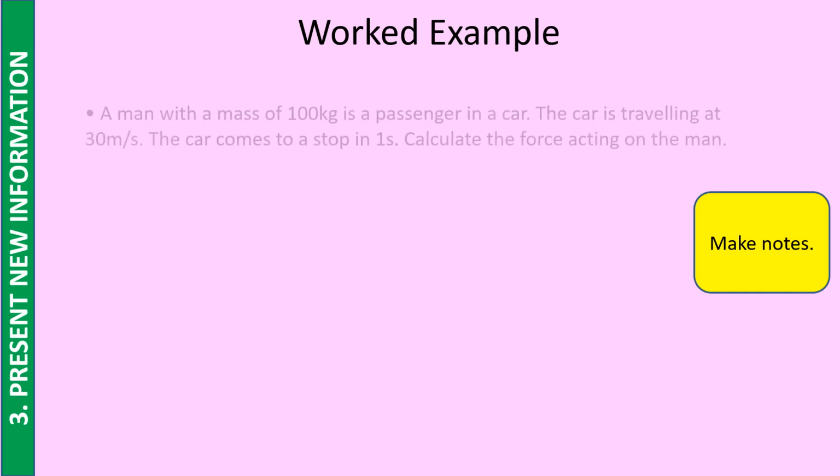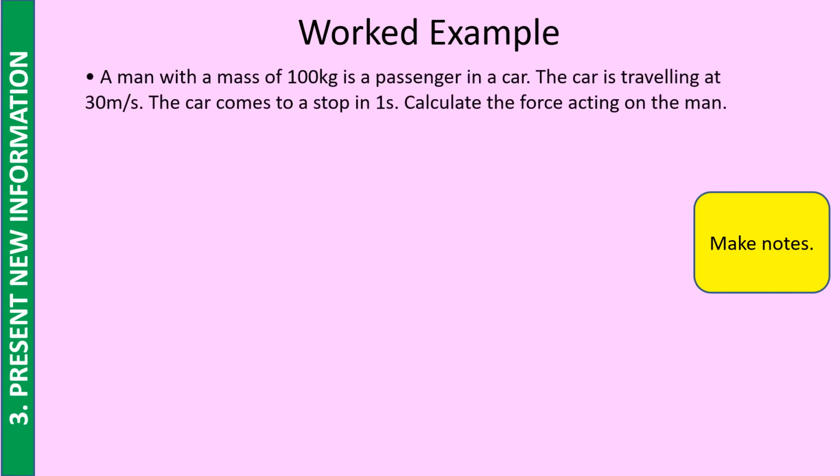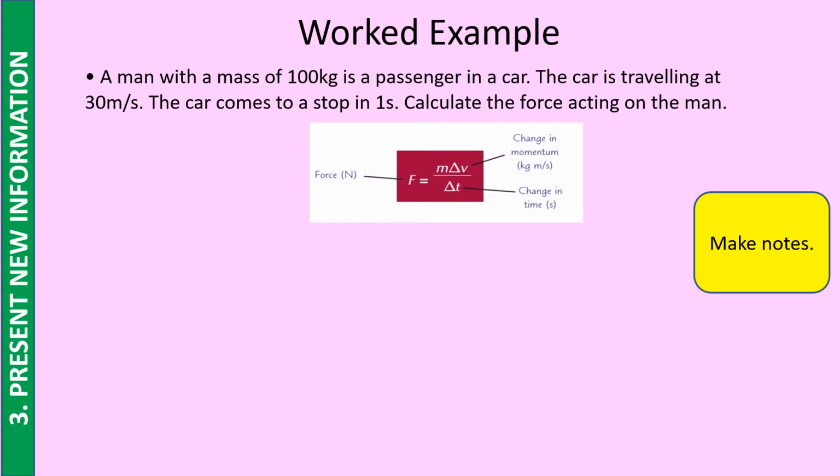So let's have a look at a worked example. A man with a mass of 100 kilograms is a passenger in a car. The car is traveling at 30 meters per second. The car comes to a stop in 1 second. Calculate the force acting on the man. So the force is generated by the change in momentum, and this is the equation we're going to use. Force equals the change in momentum divided by the time.